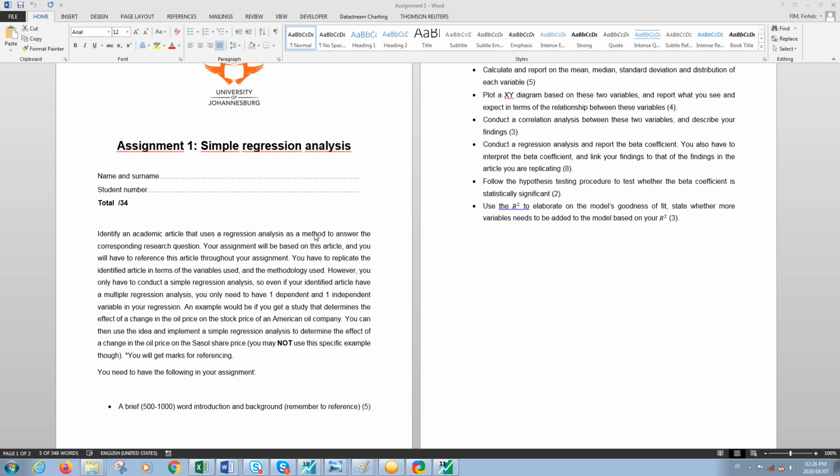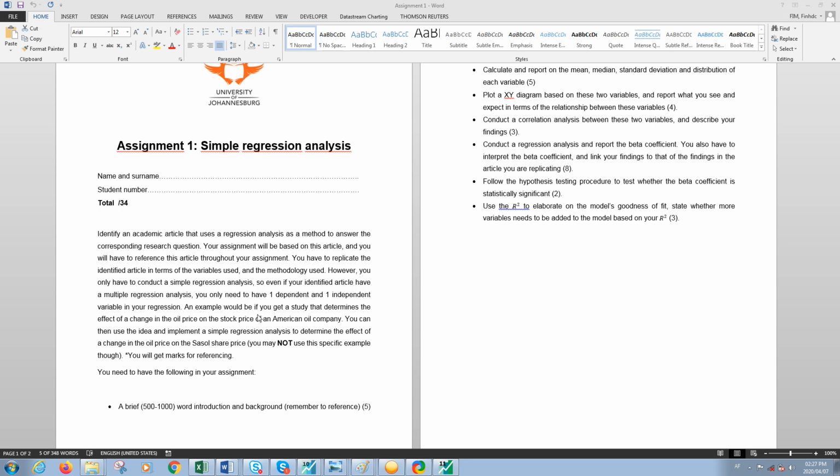They might have run a panel or whatever. You're not going to run a panel. You're just going to run a simple regression. So even if the article used a multiple regression, you only need one dependent and one independent variable, because it's only a simple regression.